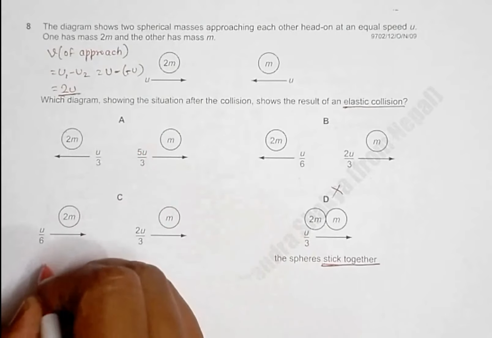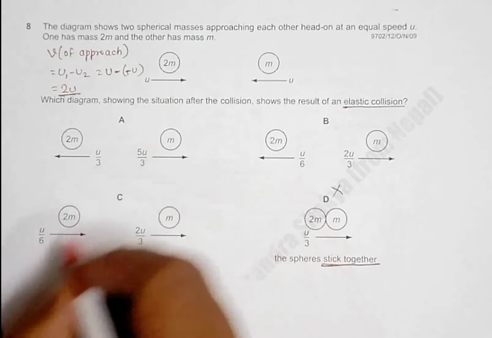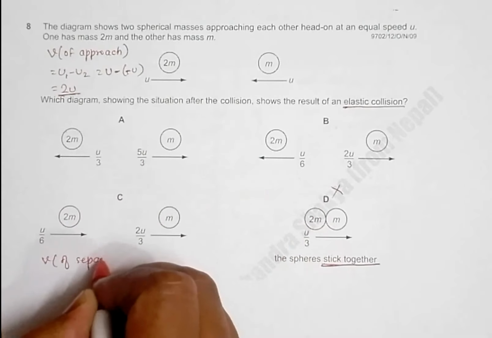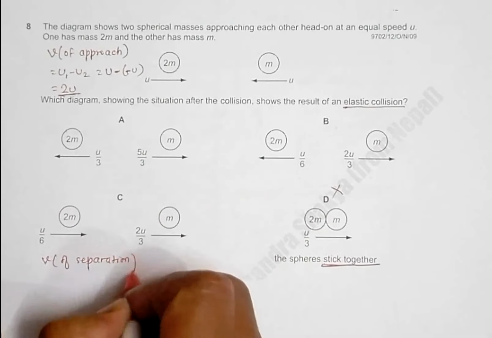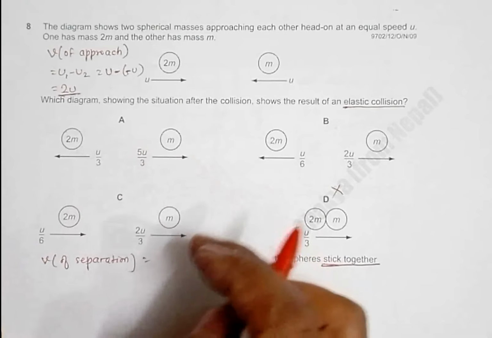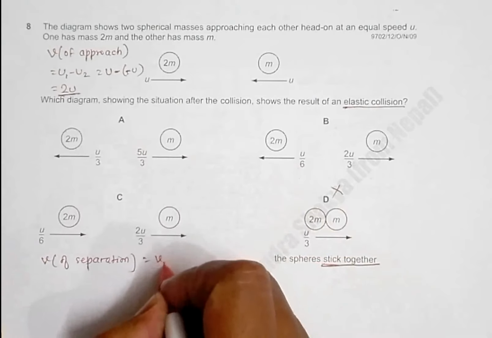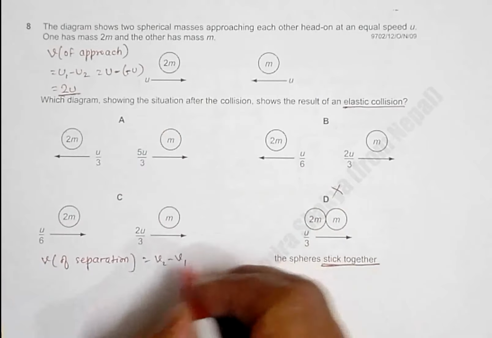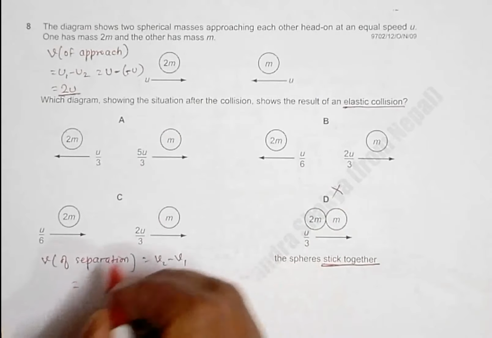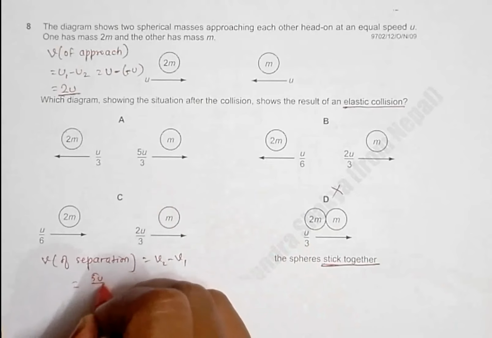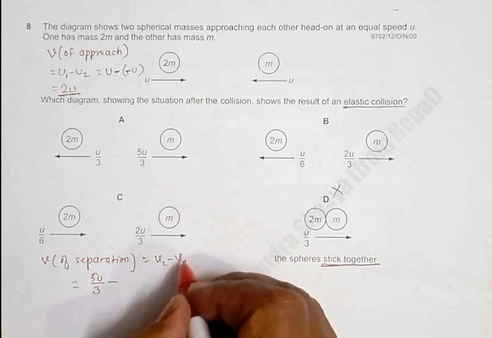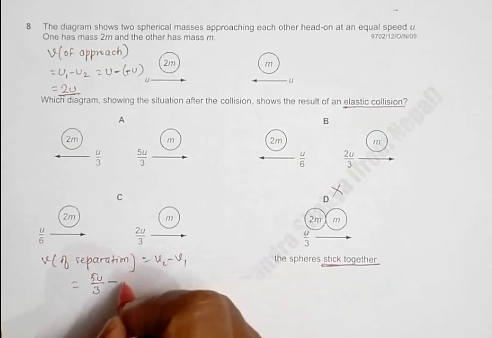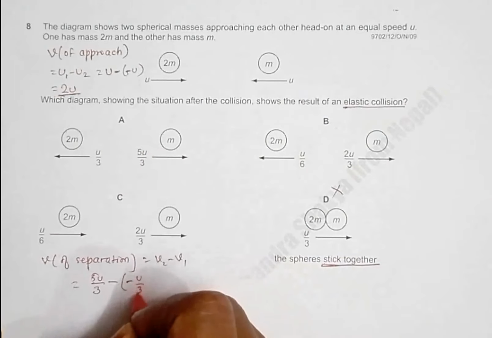The velocity of separation will be v2 minus v1. For choice A, v2 is 5u by 3 minus v1, and since v1 is going in the opposite direction, it must be minus u by 3.